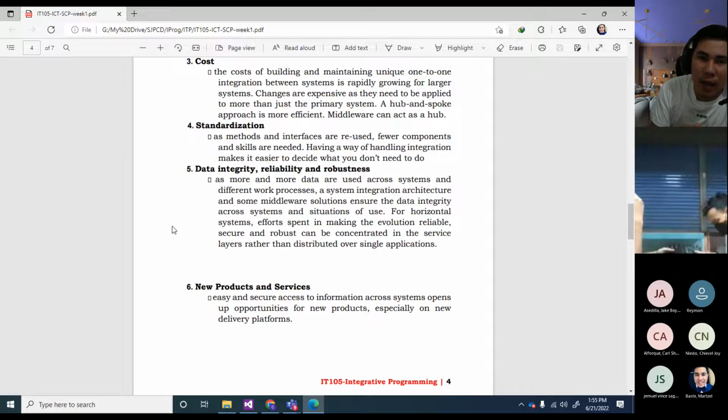And even big companies have different computer brands, but they have this standardization that they follow.